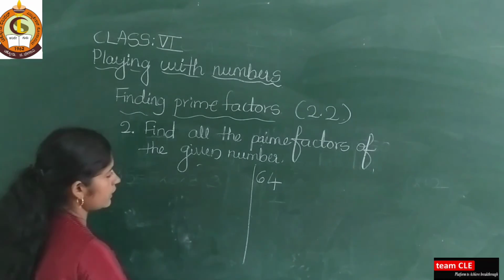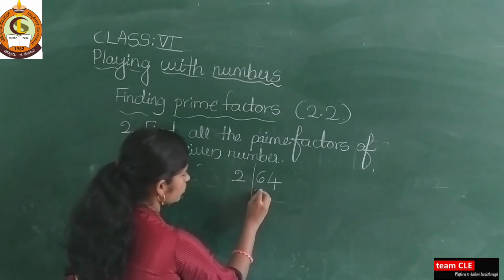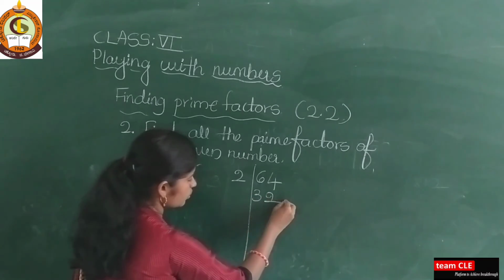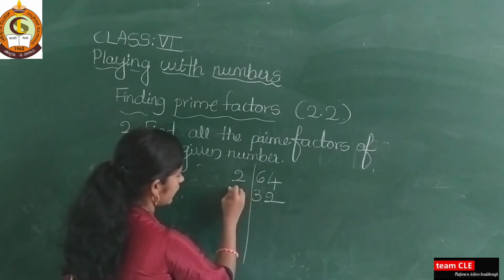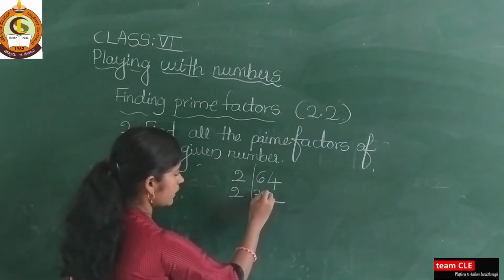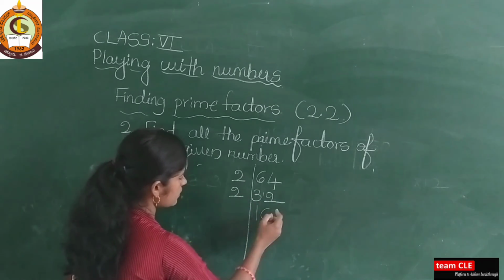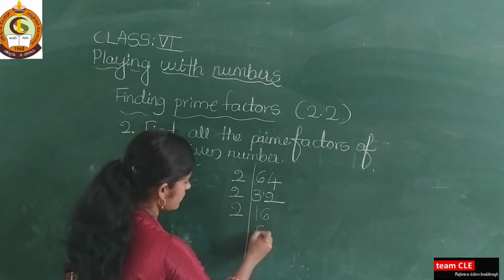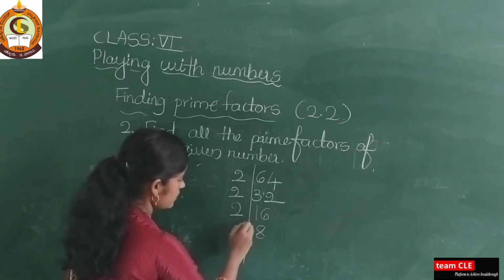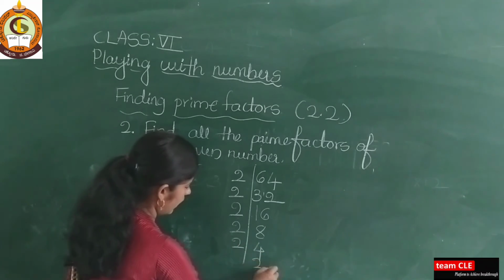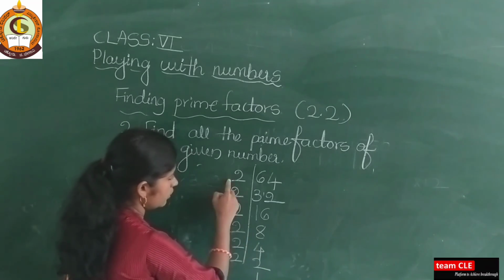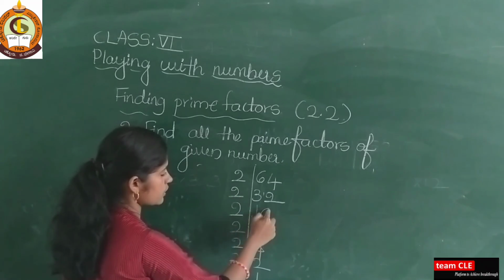So take 2, 2 3s are 6, 2 2s are 4. Again you take 2, 2 1s are 2 and 1 remains, 2 6s are 12, 2 8s are 16, 2 4s are 8, 2 2s are 4, 2 1s are 2, 2 32s are 64.